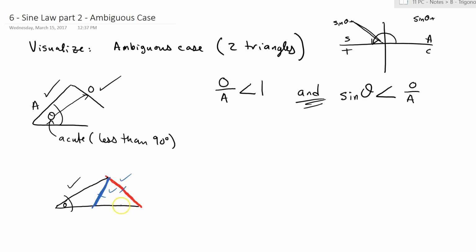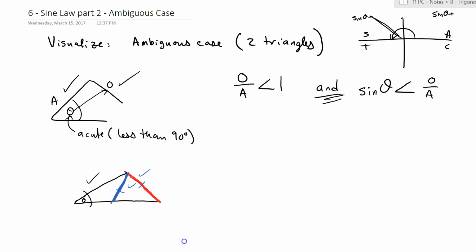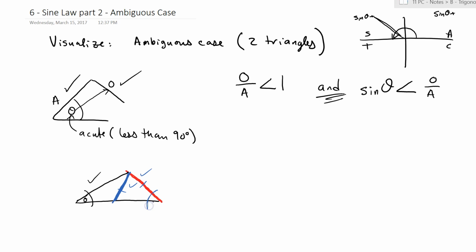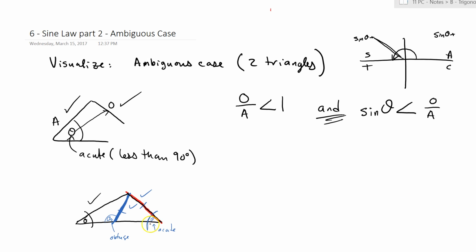We're not given what this base is, but we're given what this side is, and if these two are exactly the same, we can have the acute triangle, which means that this angle is acute as well. Or we get our obtuse angle, which is greater than 90 degrees. Why? This one right here is our reference angle, and this is our quadrant 2 related angle.